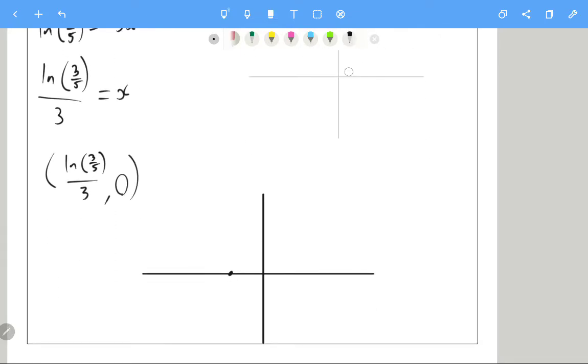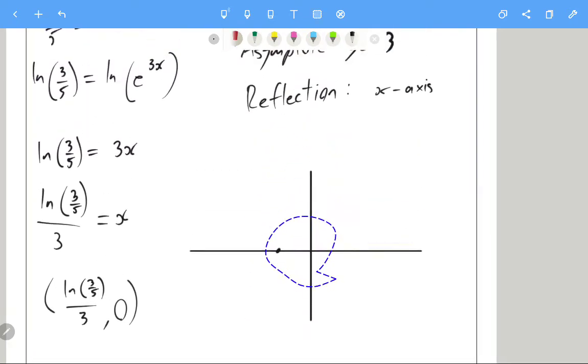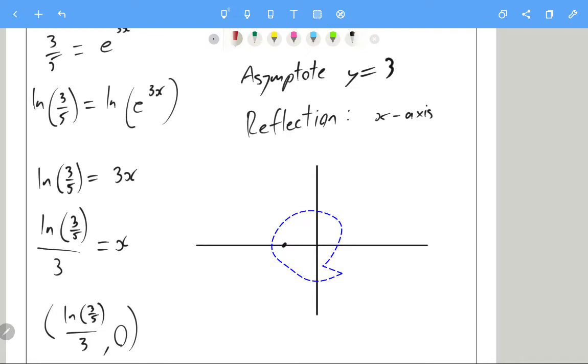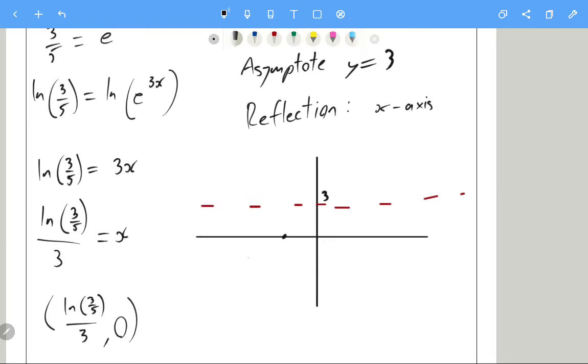So I've already drawn my axes down here. Let's use this one. So I've already put in one of my intercepts, so let's put in the rest of my information. So the asymptote is at y equals 3. I've already put in my x-intercept, which was ln of 3/5 over 3, 0.